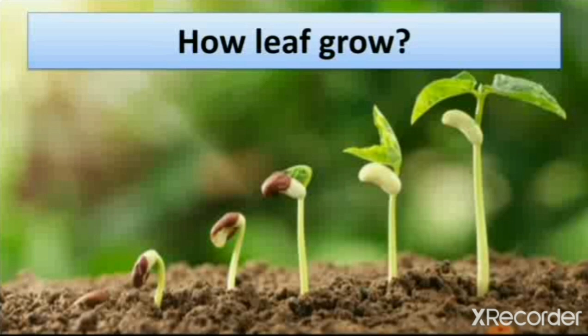So like that leaves are growing slowly. First they are small, then they grow big, like us, living things. That leaves are growing very slowly. So plant is a living thing, that's why they grow slowly.